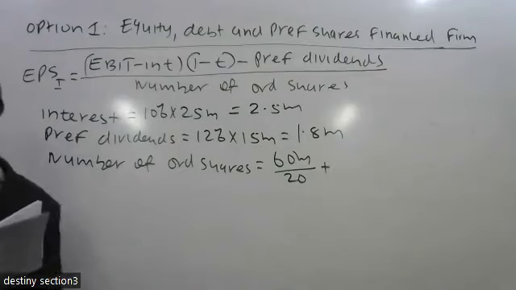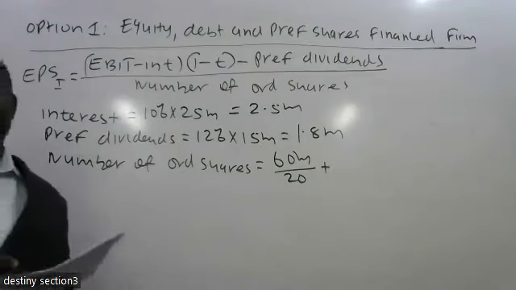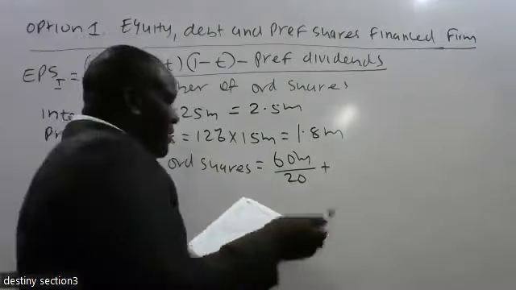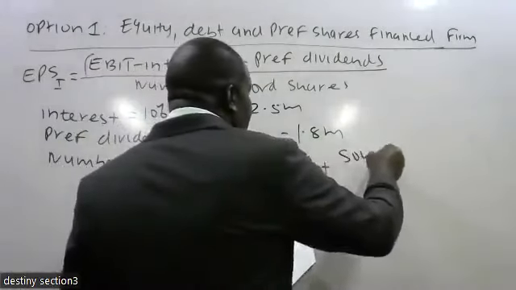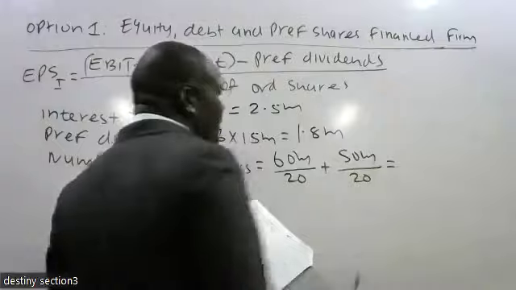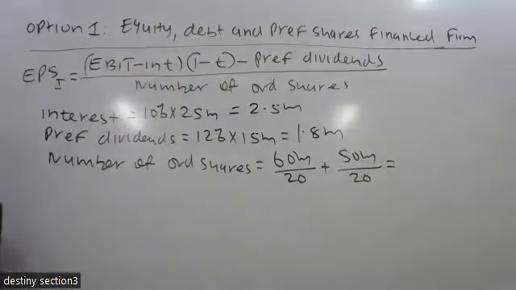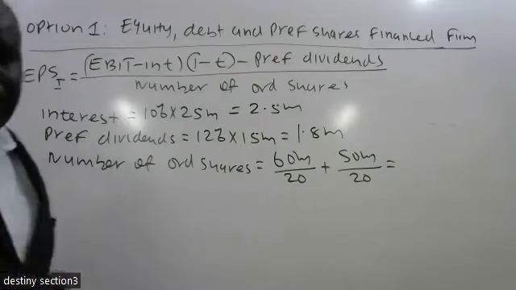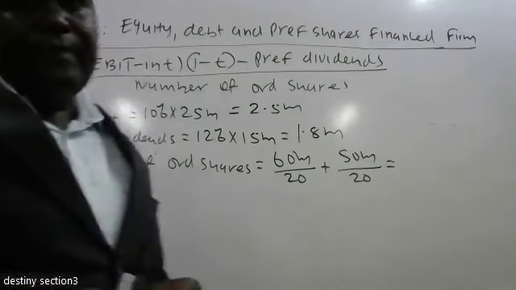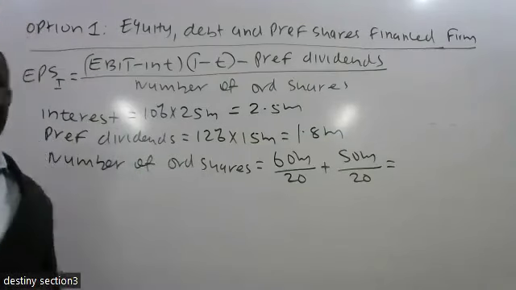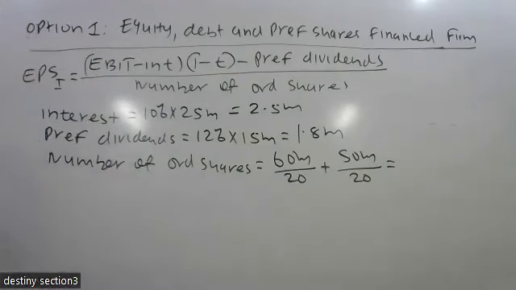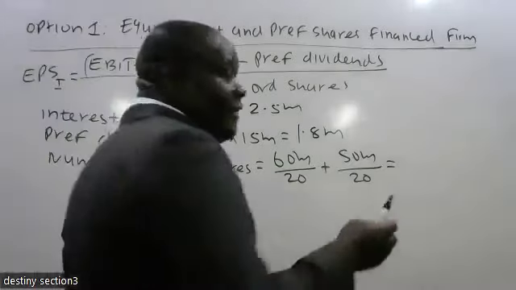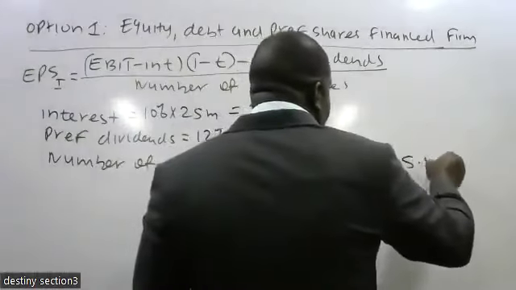The par price is the same, 20. So you add what they are raising, 50 million, divide by 20, so that you now get the number of the ordinary shares. You get 5.5.